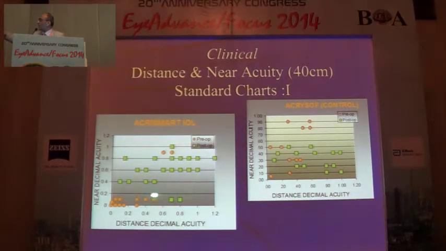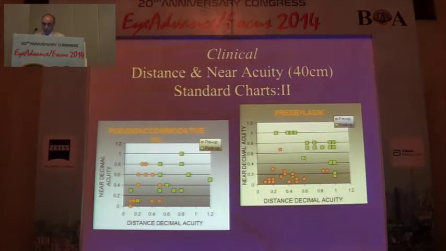So we've got a bit of a spread of data here to show how good or how bad the AccuSmart IOL happens to be. And the slide on the right-hand side is really just to show you the control effects when we used a single focus, single vision AccuSoft lens as a control. These were the pre-op and then the post. So we've got a nice simple way of showing distance and near acuity.